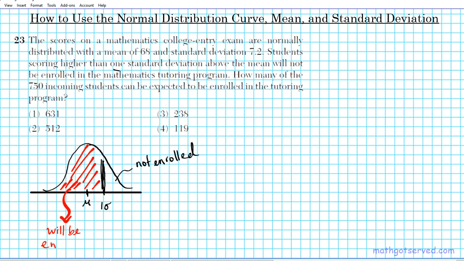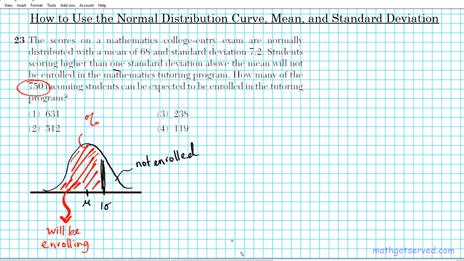So there are 750 students in general. So what percentage of the population of these students fall in here? If we can determine what the percentage of the population falls in this category, which is less than one standard deviation from the mean, then we can just multiply that by 750 to determine what their numbers are.